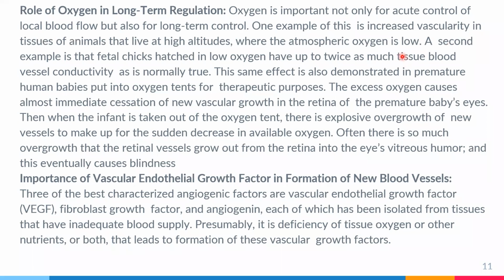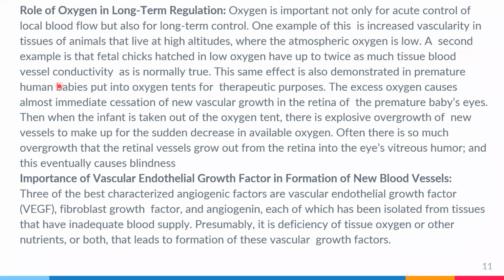Thus, an increased number of blood vessels will carry more oxygen to the tissues themselves and maintain the normal amount of oxygen concentration. This is an important point that we will look into in further lectures, especially the one on high altitude physiology.